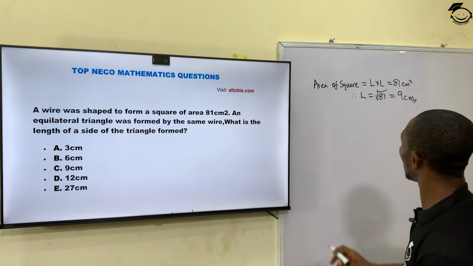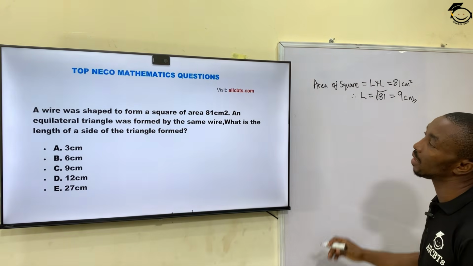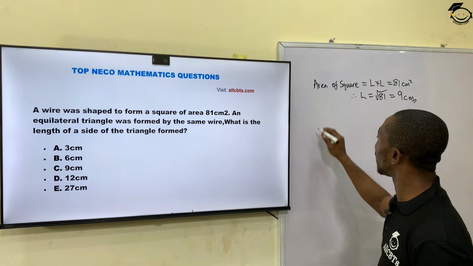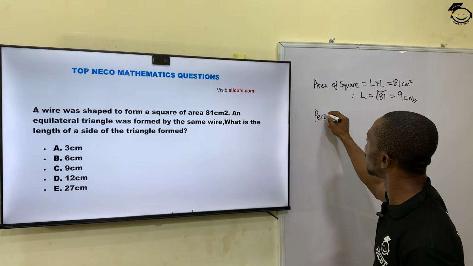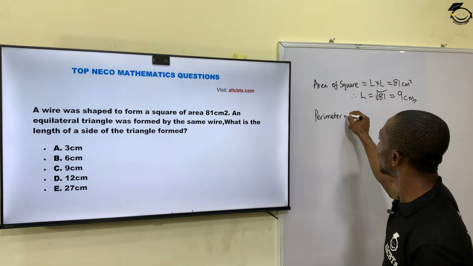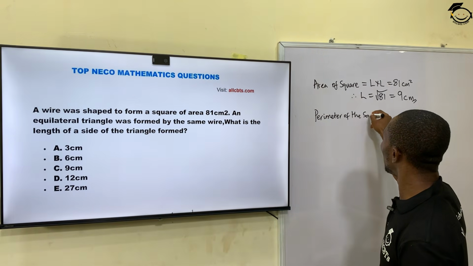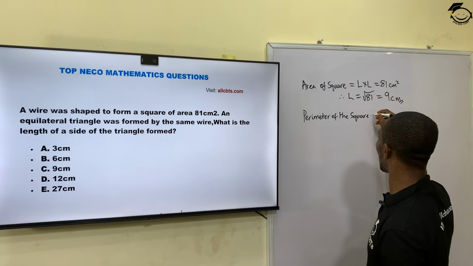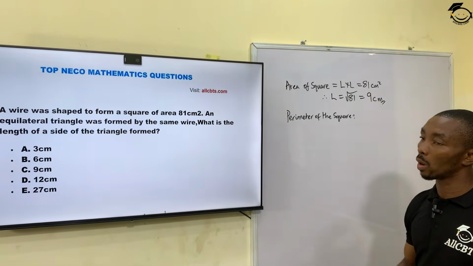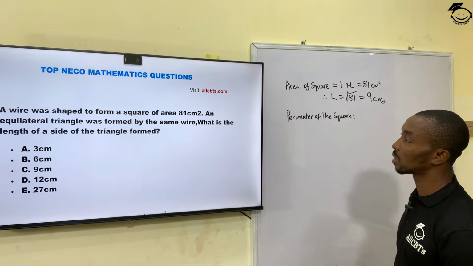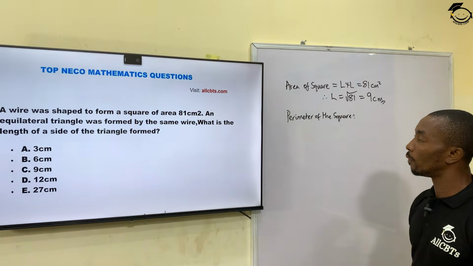Now, knowing that the length of our square is 9 centimeters, we can now find the perimeter of the square. Why are we looking for the perimeter of the square? The perimeter of the square would help us to understand the total length of the wire.